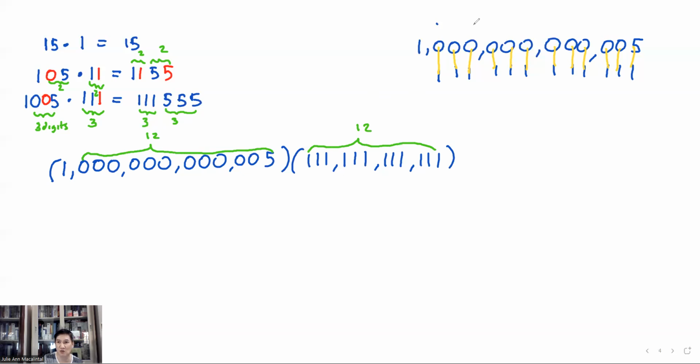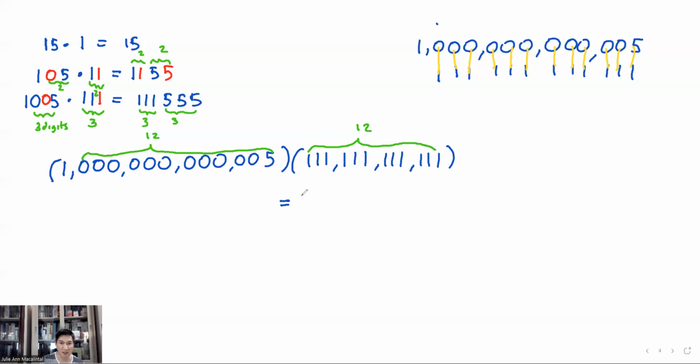our answer was supposed to be, like here 3 digits, so three ones and 3 fives.